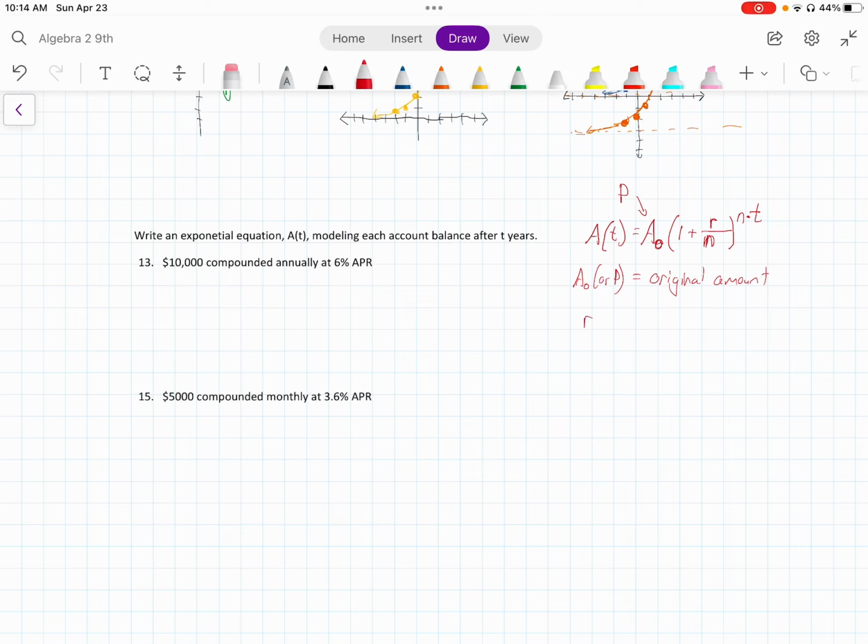R is the interest rate. So it's a percentage, and we want to put it as a decimal. N is the number of payments per year.